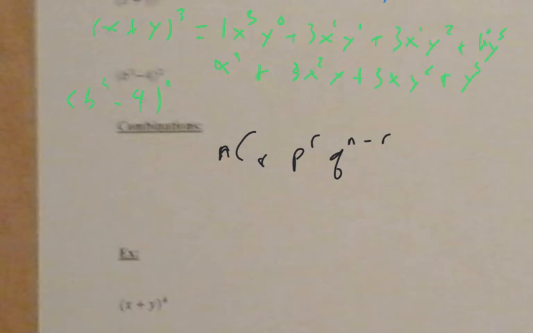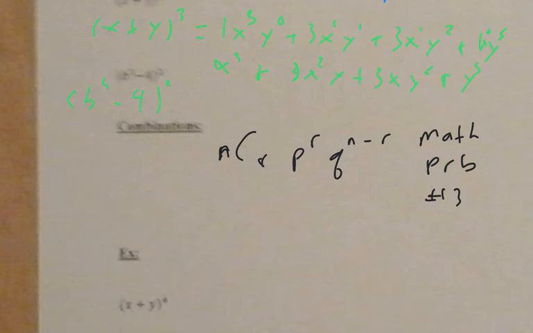So what you're going to do is hit Math. You're going to scroll over to PRB, and you're going to select number 3. And it'll come up with nCr on your screen. So let's just practice with this.